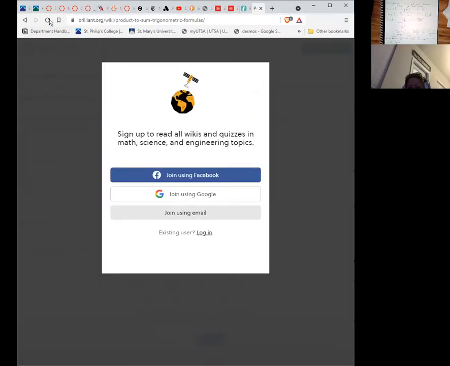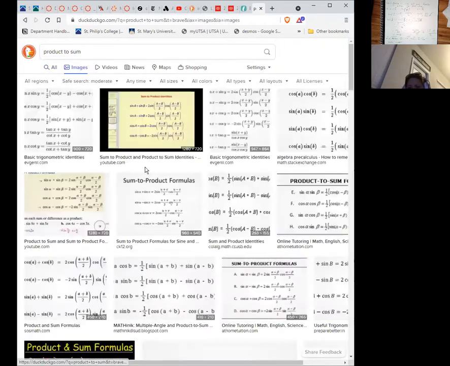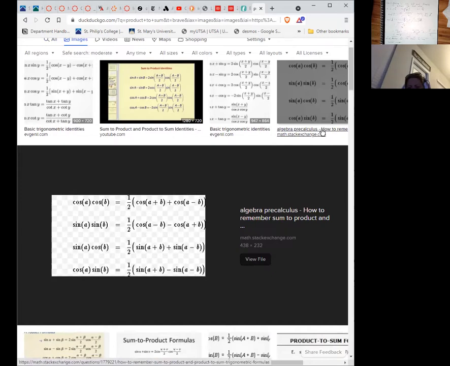That will be equal to 1/2 cosine of alpha minus beta, so this is my alpha and beta, 5 theta minus 3 theta, minus cosine of 5 theta plus 3 theta.